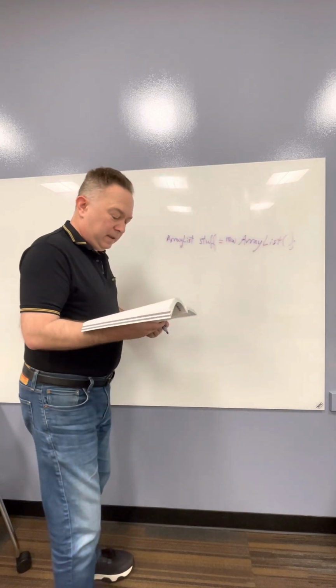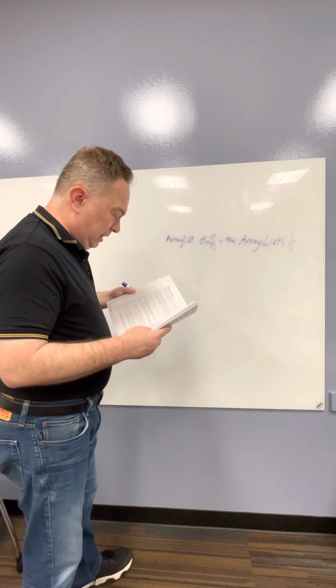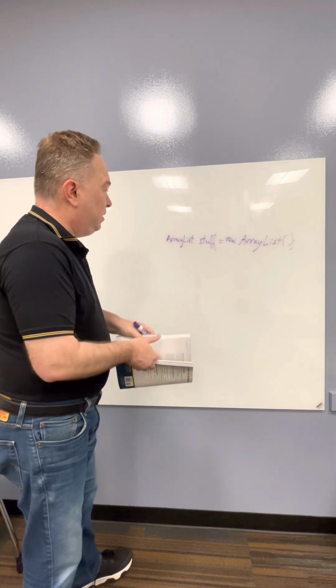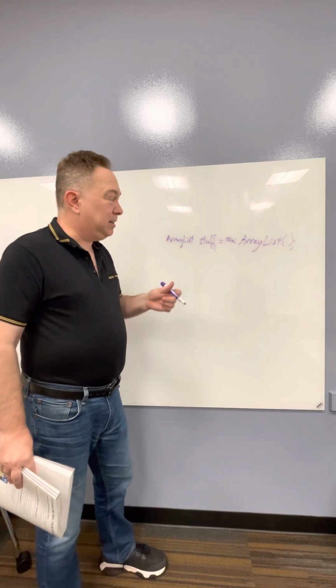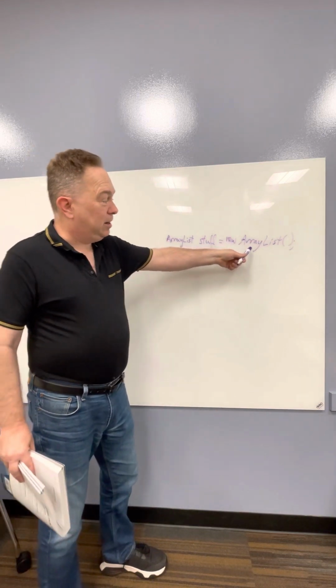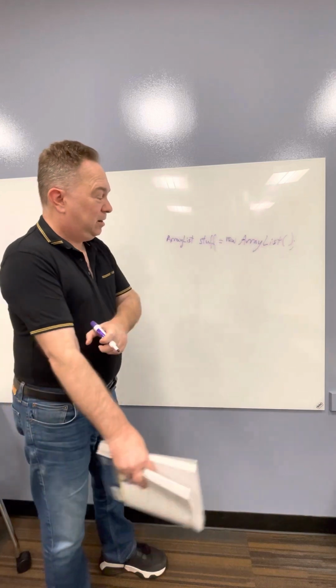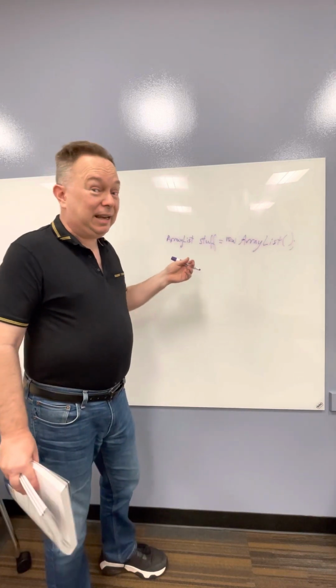All right. Now, where have we seen something that looks like that before? Remember when we were talking about classes and objects and all that stuff? And then this is how you make a new object from a class. Array list is a class.